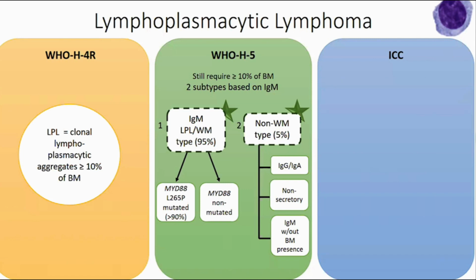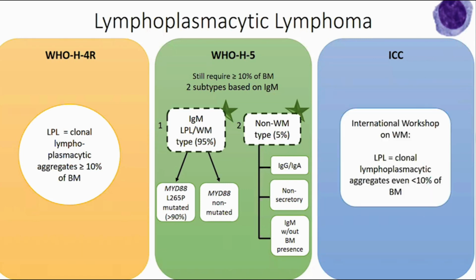The ICC is a little bit different when it comes to the cutoff for LPL. They recommend following the guidelines back from 2003 from the International Workshop on Waldenström's. And here they say that even if it is less than 10%, as long as you have clonal evidence by flow or IHC that these are clonal lymphoplasmacytes, that's probably good enough.